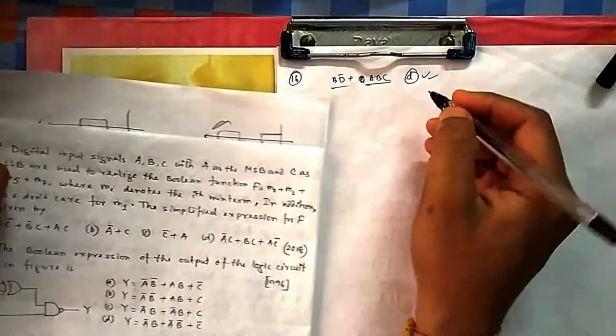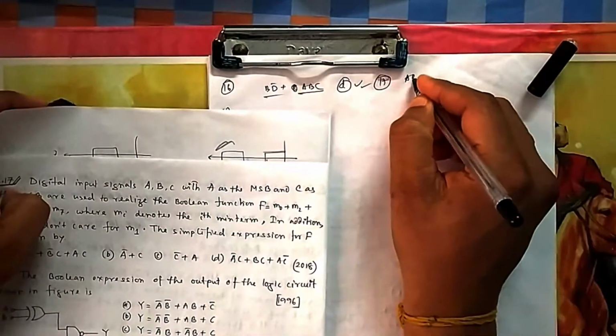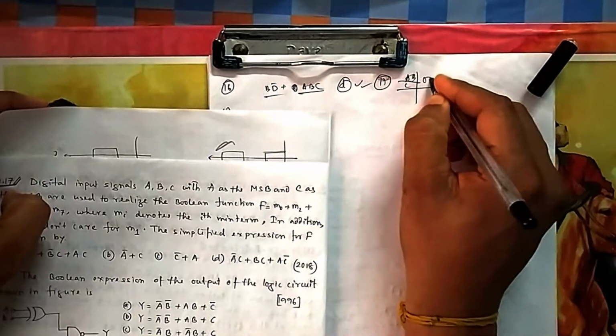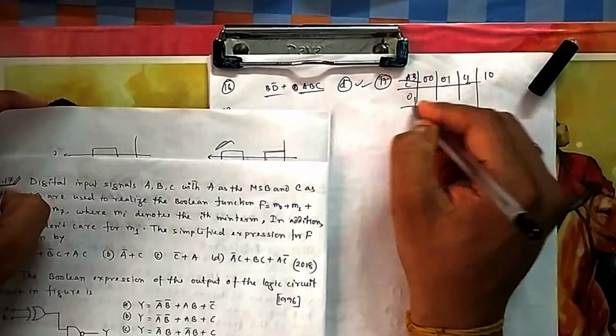So for the simplified expression they are asking, it is better if you go for a K-map. So it will be AB, then C. So it will be 0, 0, 0, 1, 1, 1, 1, 0, and then 0, 1.